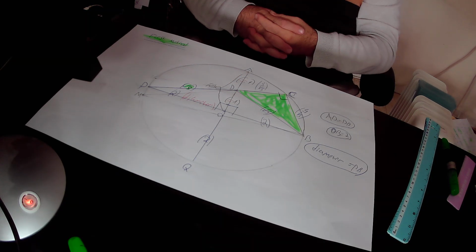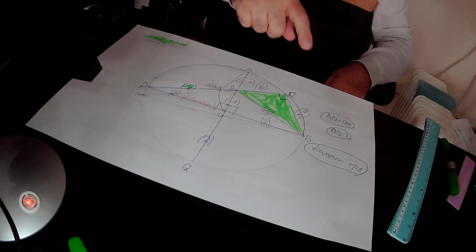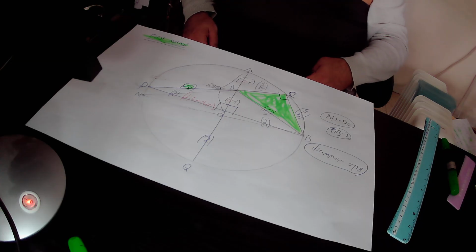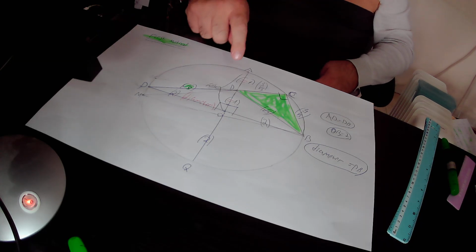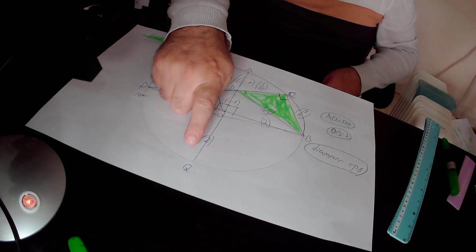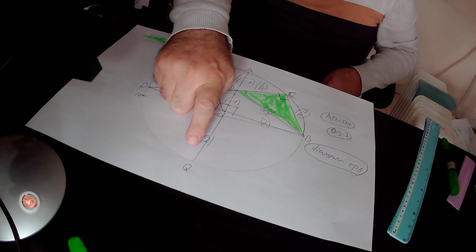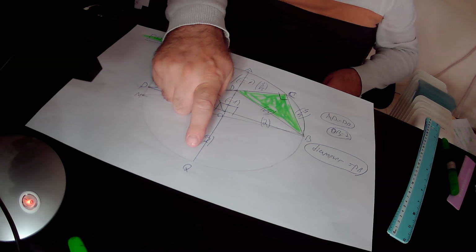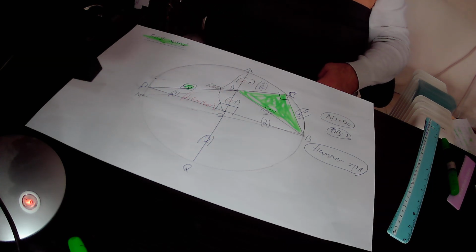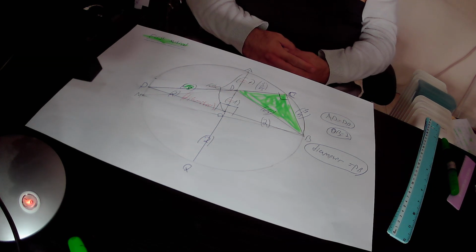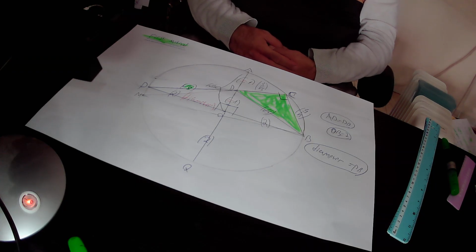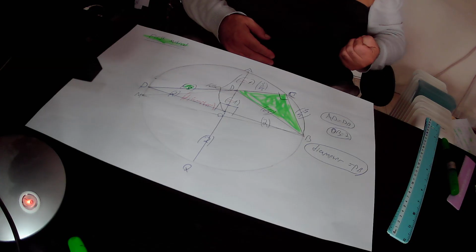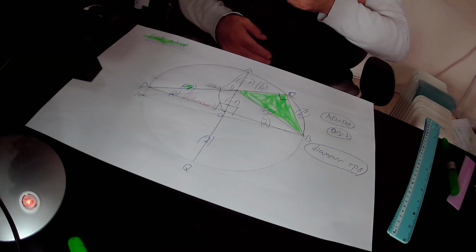In the next step, we complete this quarter circle to a circle and we extend the radius AO by a straight line until it touches the circle. We define the touching point of the extended radius AO with this circle as point Q. When you extend a straight line by a straight line, the result is a straight line.